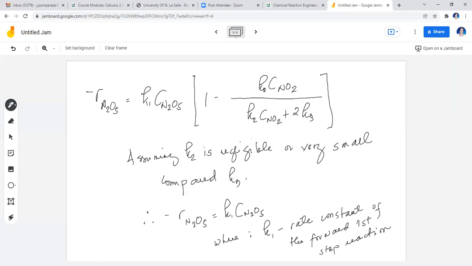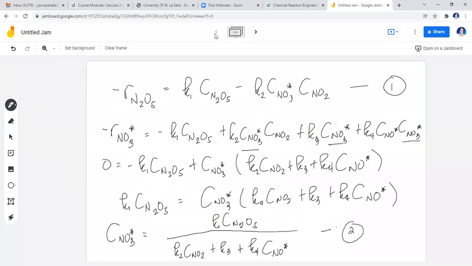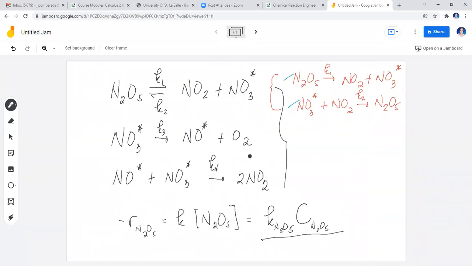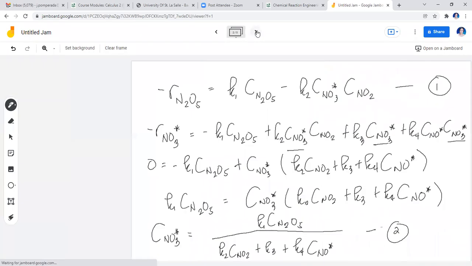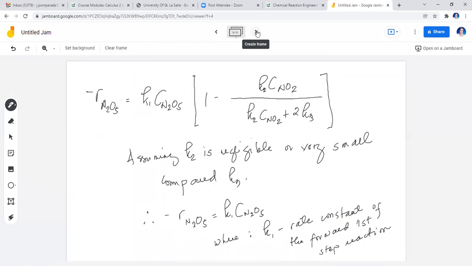Of the forward. In this particular scheme that we have, what is this? What scheme is this? The original mechanism that is given to us by OG. What scheme is this? Chain reaction. So this is what we call the chain initiation step.